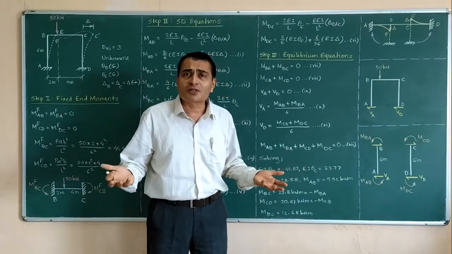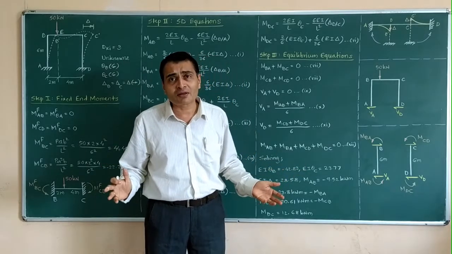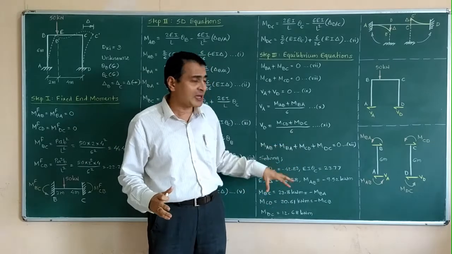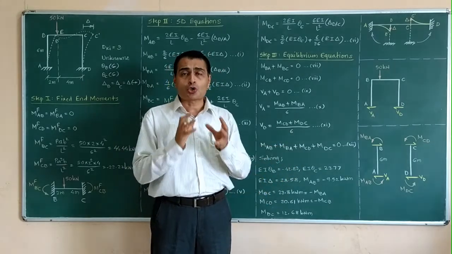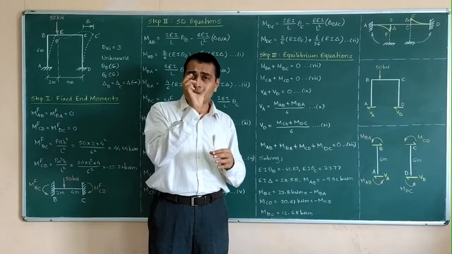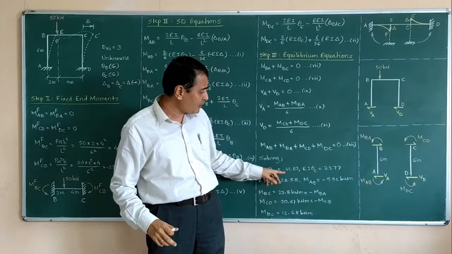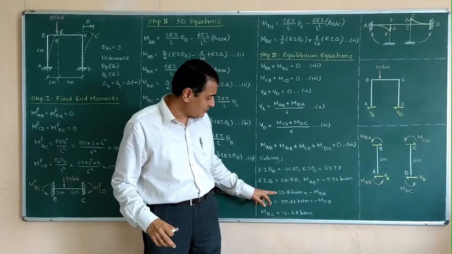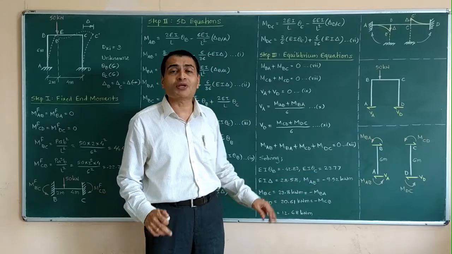What is to be done after this? You are very well aware, we have done this n number of times. These are my end moments. Draw the FBDs. FBDs means at least show columns, beam, and according to these signs. For example, this is negative means clockwise, this is positive means anti-clockwise.